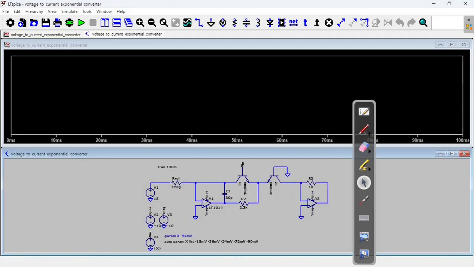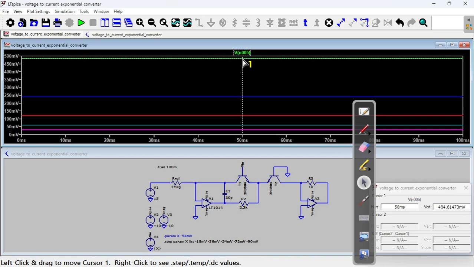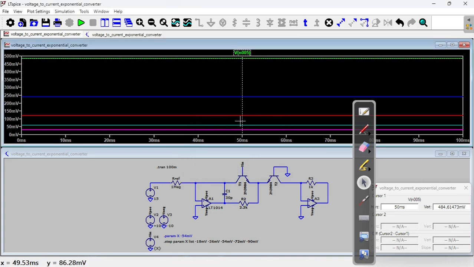Okay, so let's look. We can either look at the current, or let's look at the voltage. So the voltage is here. This is the first one, and this is the minus, so this is going to be the max. So this is minus 90 millivolts. And this one, the purple one, is probably the minus 18.